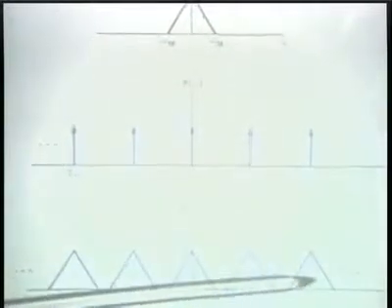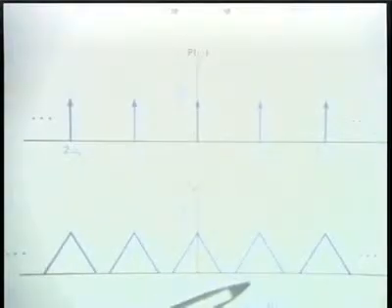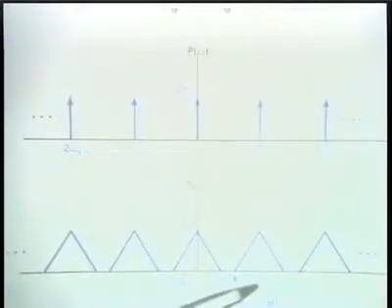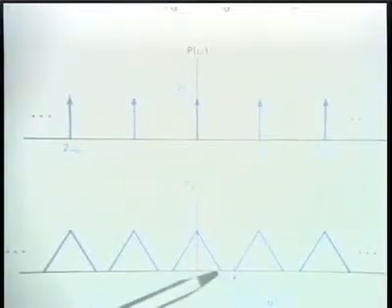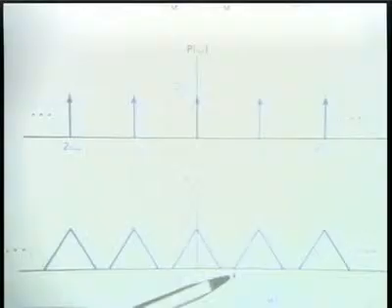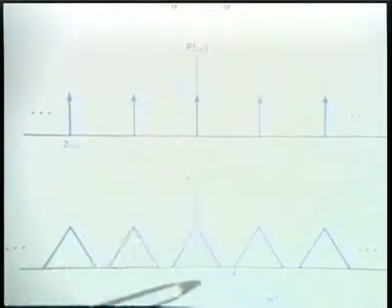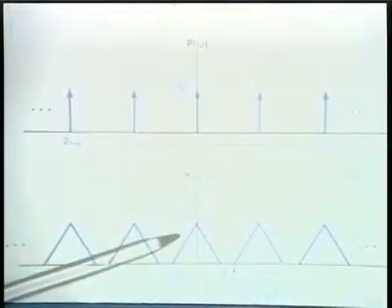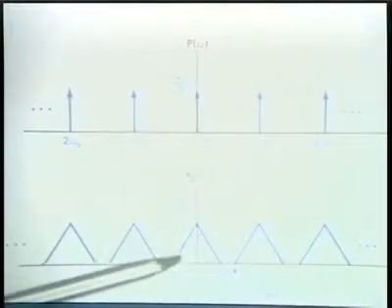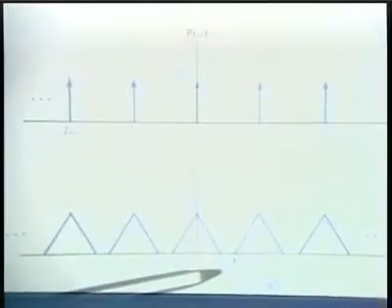We have this replication of the spectra, and as long as the frequency of the impulse train is large enough compared with the bandwidth of the signal so that these triangles don't overlap, I can extract this portion of the spectrum by low-pass filtering, which would then give us back the original signal.